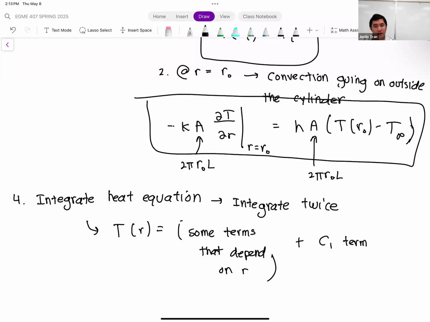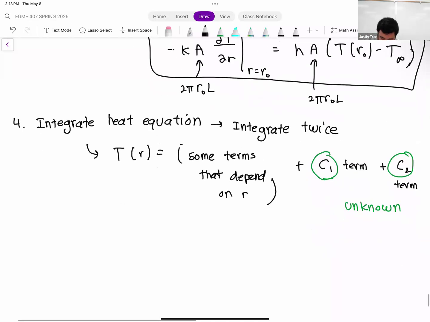It's either going to be C1 divided by r or C1 natural log of r, and a C2 term that's almost always going to be a constant. But C1 and C2 here are unknown constants, or they're arbitrary at this point. Just make sure you get those C1 and C2 terms, because that's kind of where most of the money is at for these problems.